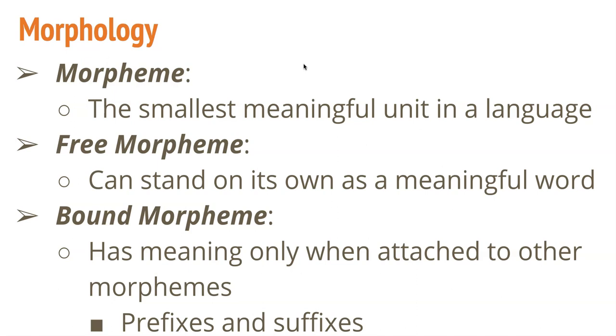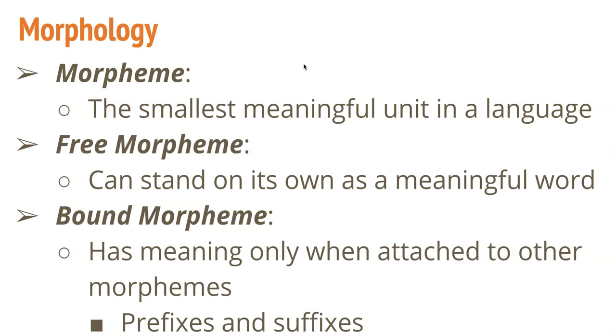The best way we can explain it is to talk about the two different kinds: free morphemes and bound morphemes. Free morphemes can stand on their own as meaningful words. So the word right is a free morpheme. It has meaning all by itself. You can't break the word down anymore. It is its own thing.